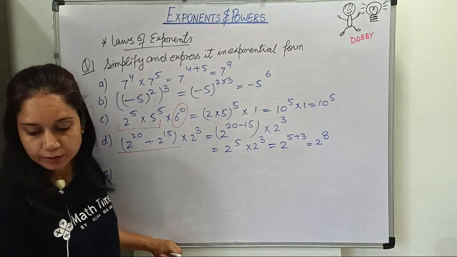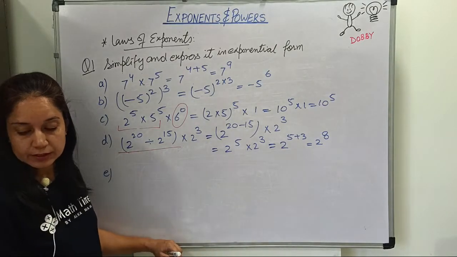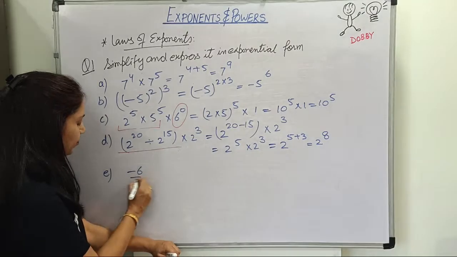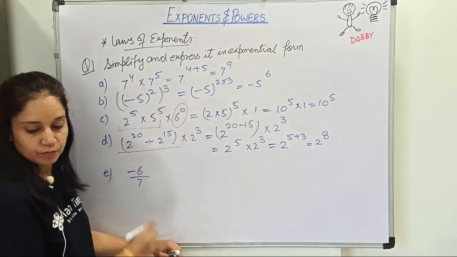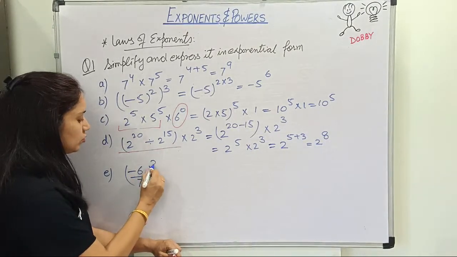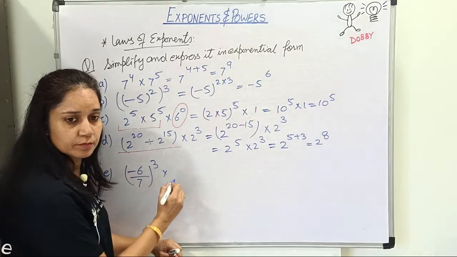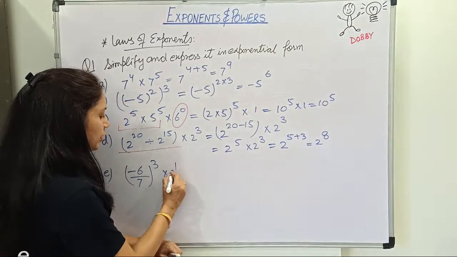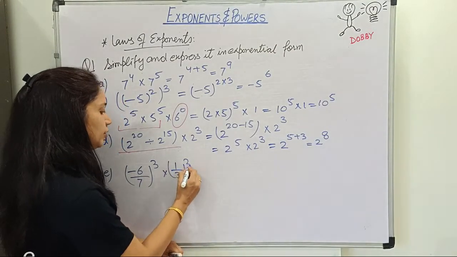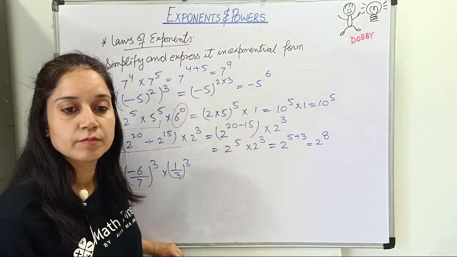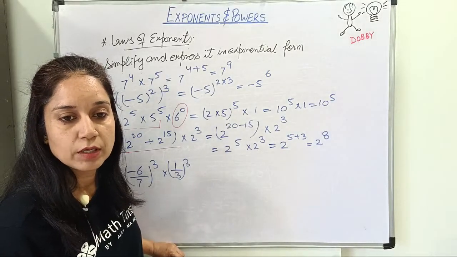Next, E part. Let us take now a rational number in the p upon q form. (-6/7) raised to the power 3 multiply by (1/3) raised to the power 3. Yes, Huma, correct.